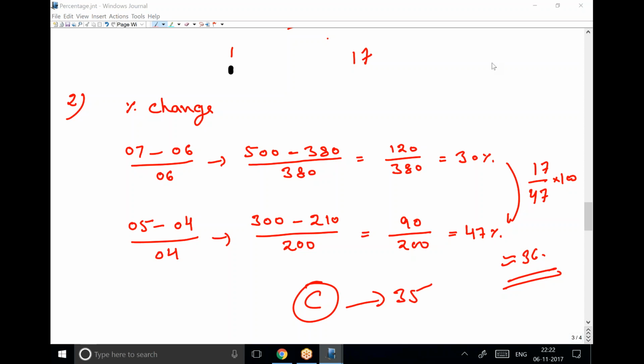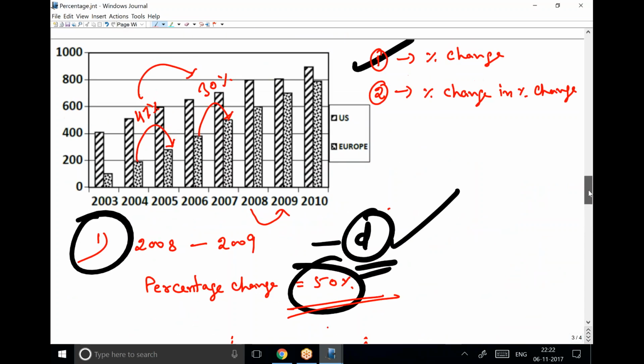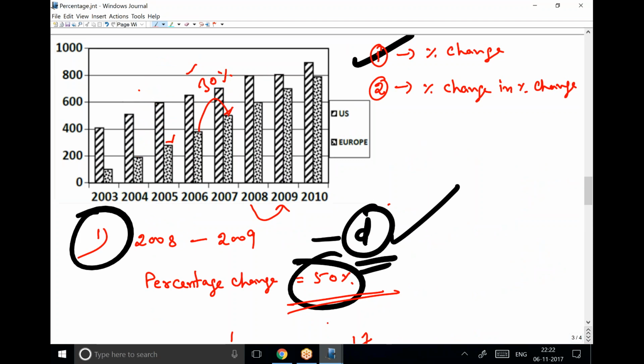Similarly, if you move further and look at the next question, based upon the difference between the estimated subscription in Europe in 2008, and so what exactly are they saying? They are saying whatever growth has happened from 2006 to 2007, we can see from here, from 2006 to 2007 there's a growth of 30%.